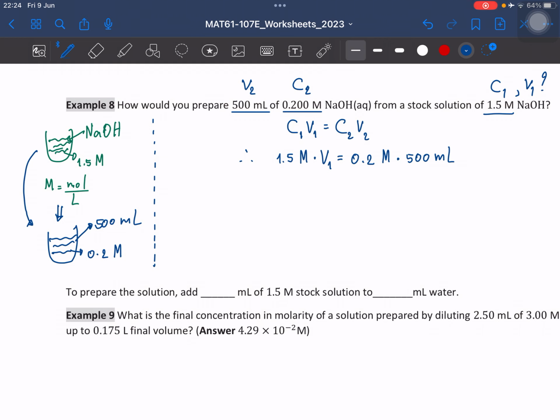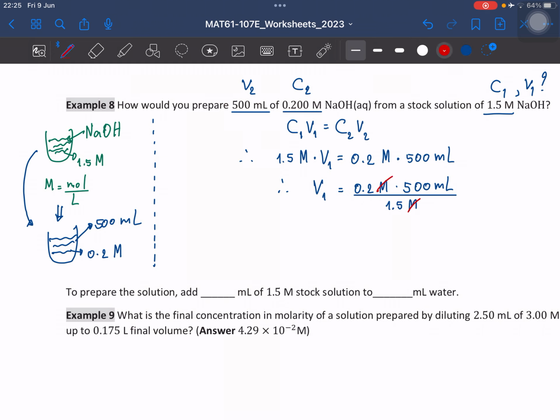So therefore V1 equals 0.2 molar times, can I change it to 0.5 liter? No, I don't have to change because at the end we want the unit in milliliter, times 500 milliliter divided by 1.5 molar.